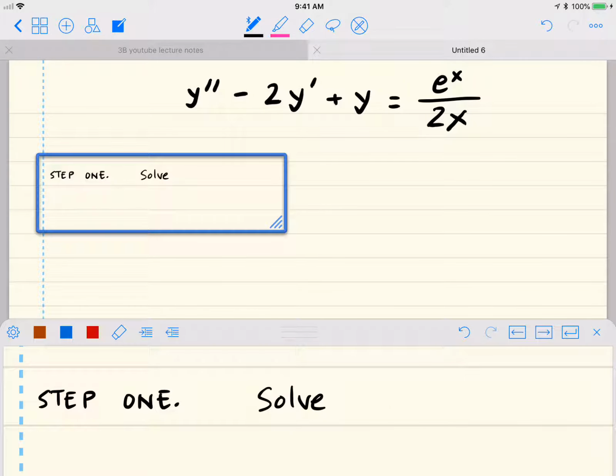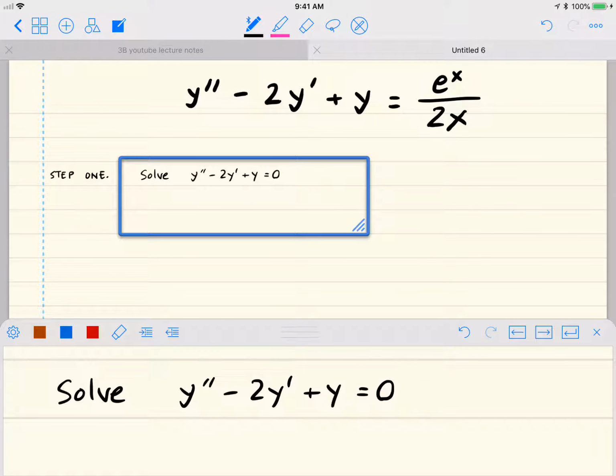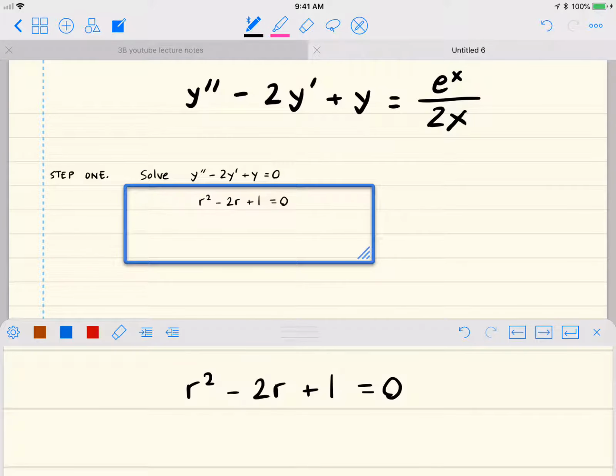So we need to solve y double prime minus 2y prime plus y equals 0. Okay. So now how are we going to do that? Well, I'm going to form my auxiliary equation. So I'll have r squared minus 2r plus 1 equals 0. And from here I think I can factor this, it's just r minus 1 squared equals 0.